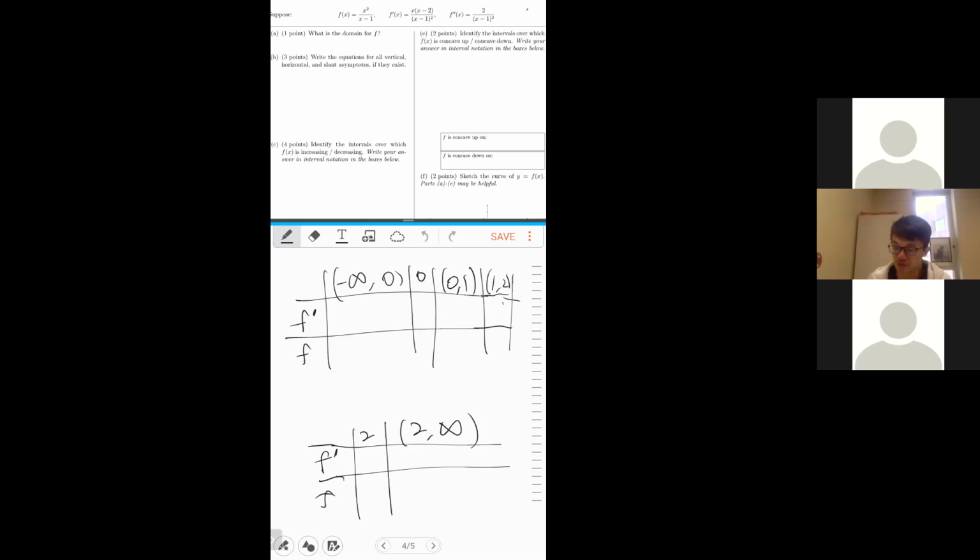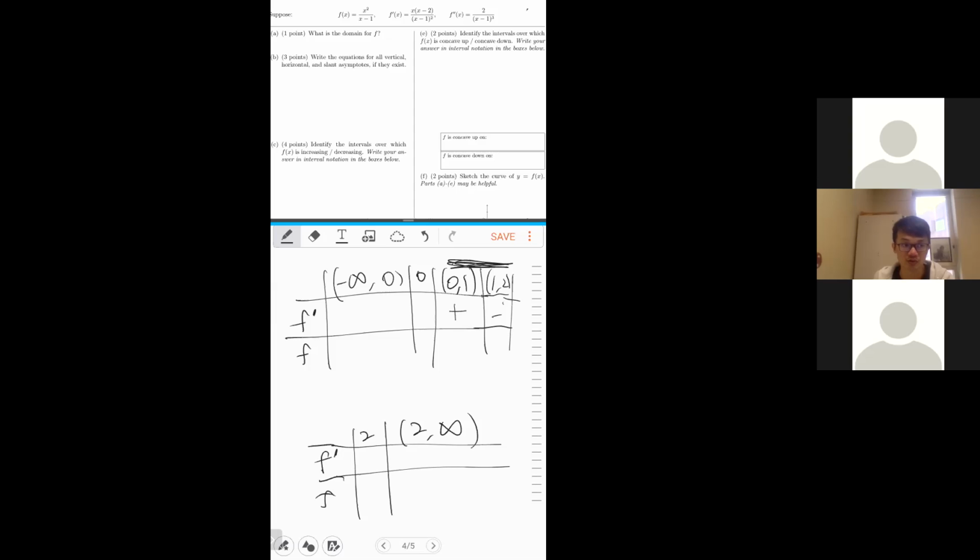Does it make sense to everyone that I'm writing 0 to 1, 1 to 2 instead of 0 to 2? This is actually a very good example, because it could happen that f prime is positive from 0 to 1 and negative from 1 to 2.